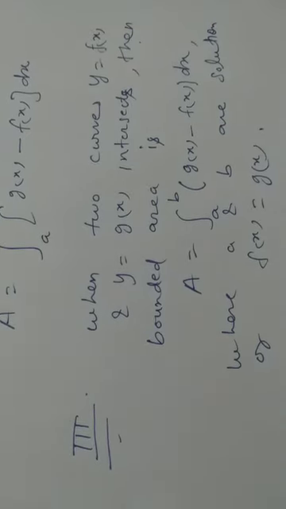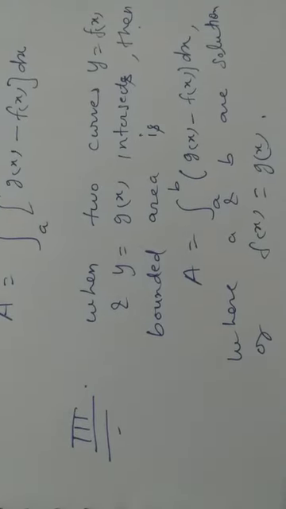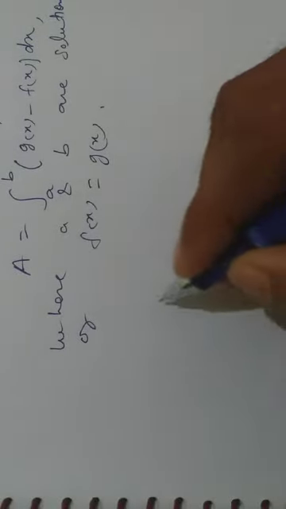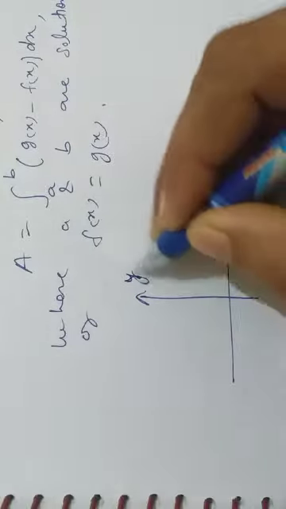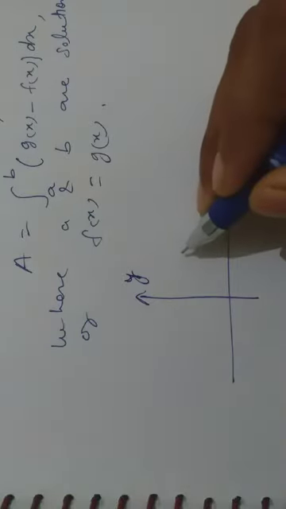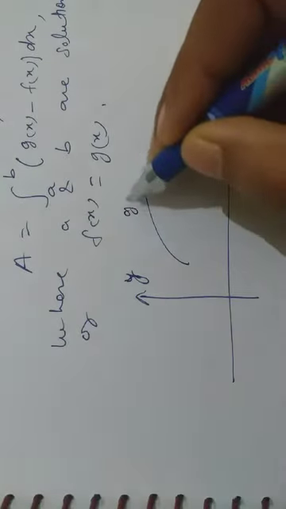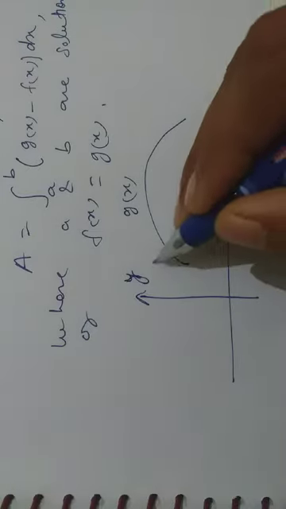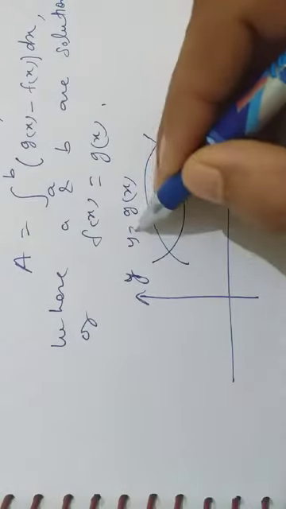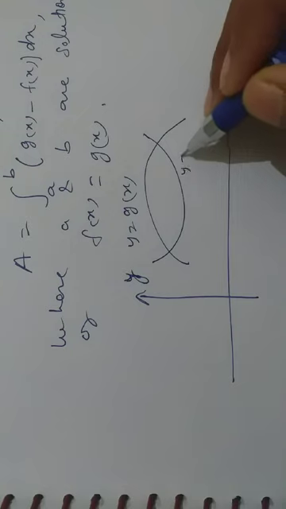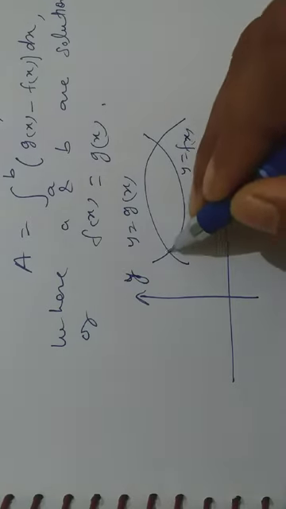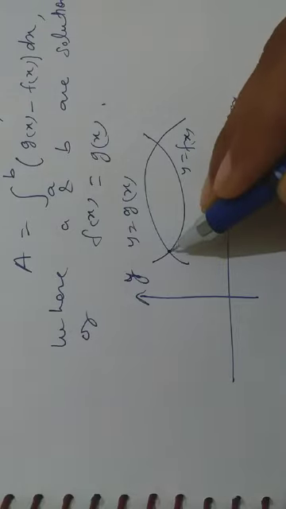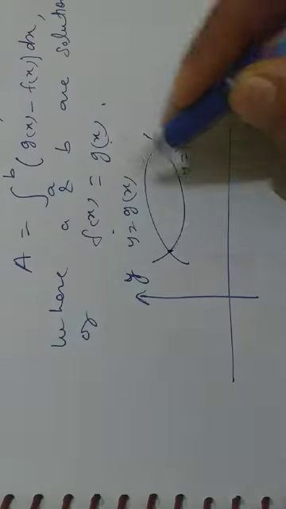This means, dear students, suppose there are two curves g(x) and f(x). This is the y-axis and this is the x-axis. This is the curve g(x) and this is the curve f(x), and suppose this is the point at which f(x) is equal to g(x).